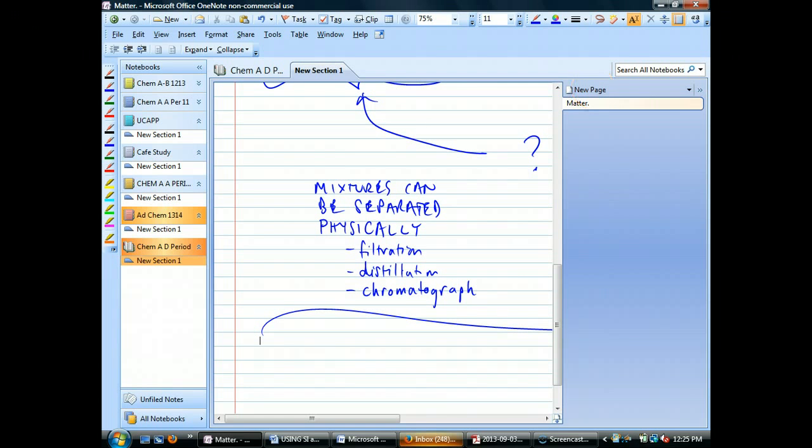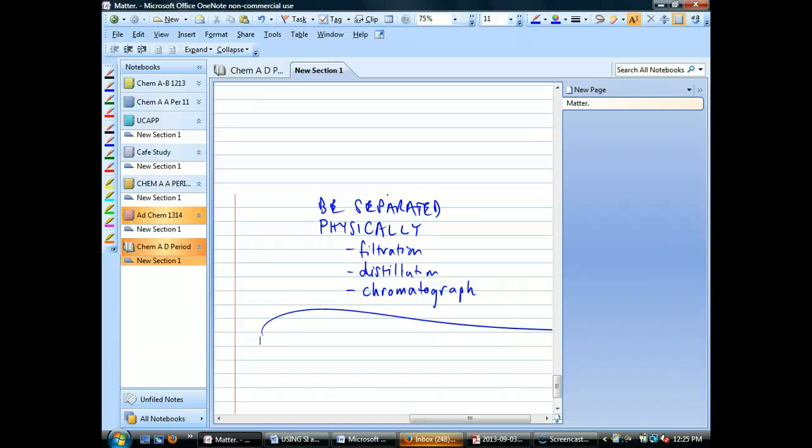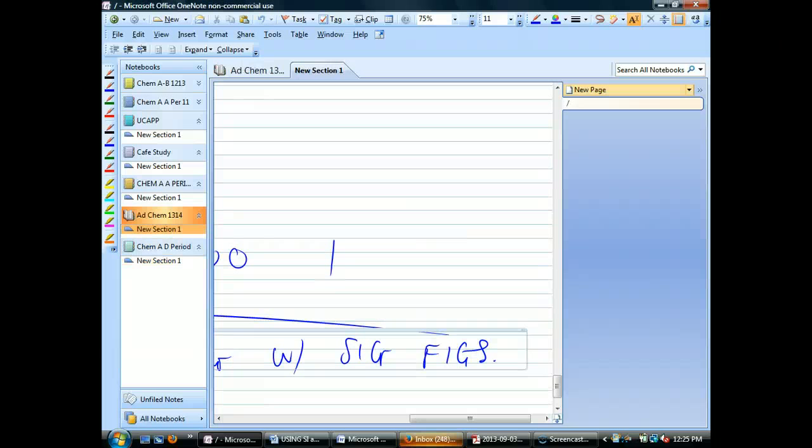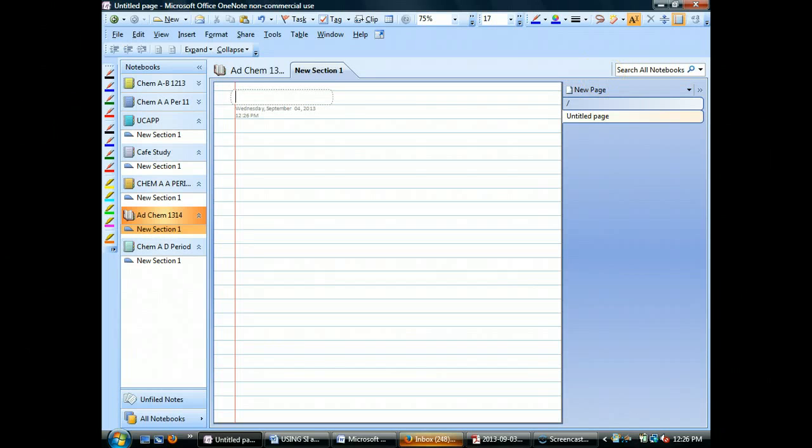And there's really only two rules when you're doing calculations with significant figures. Does anybody know what they are? One is for when you're multiplying or dividing. One is for when you are adding or subtracting. You want to help us out? Jojo.